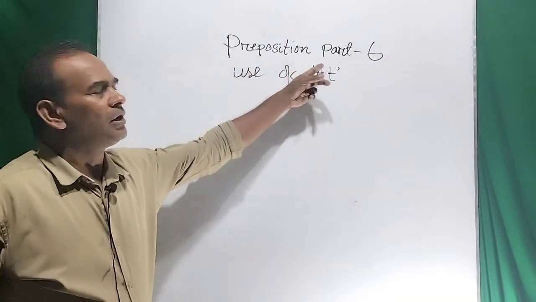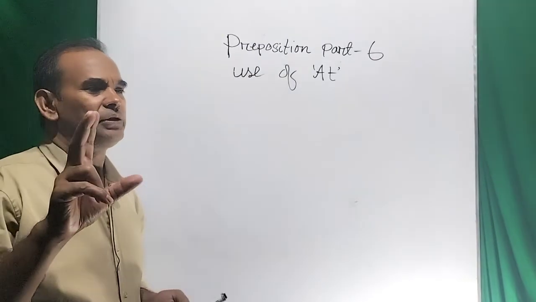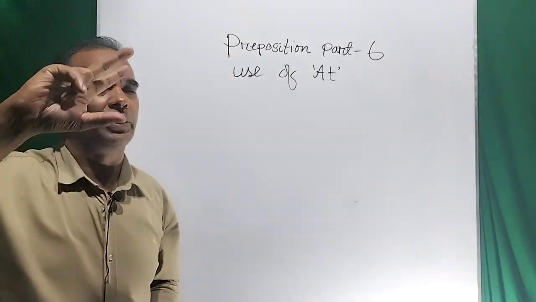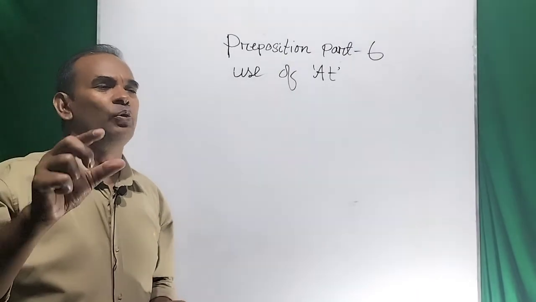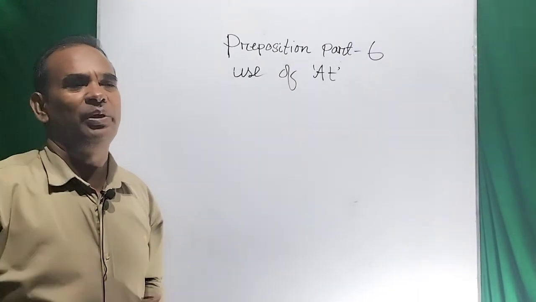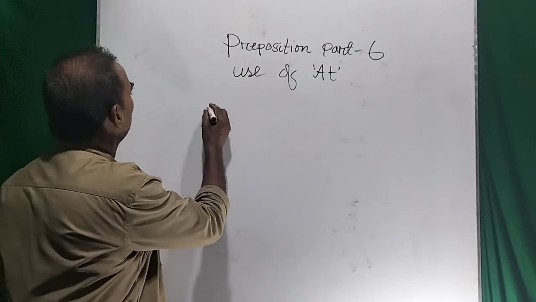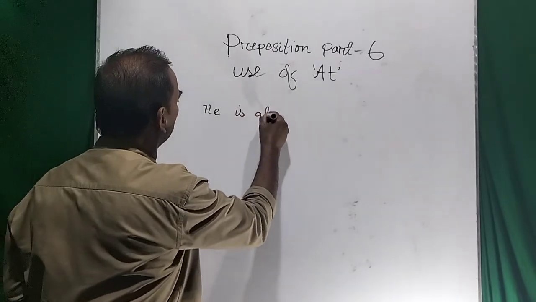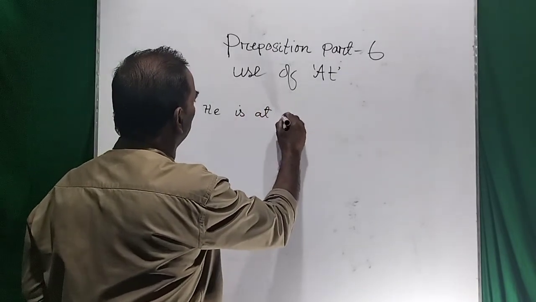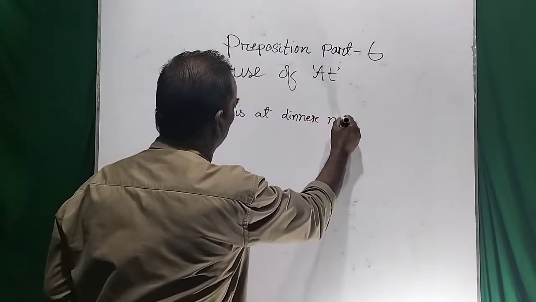Use of preposition part 6. In this phase, I am going to tell you the most important rule, that is, before the meal time we can use at. He is at dinner now.